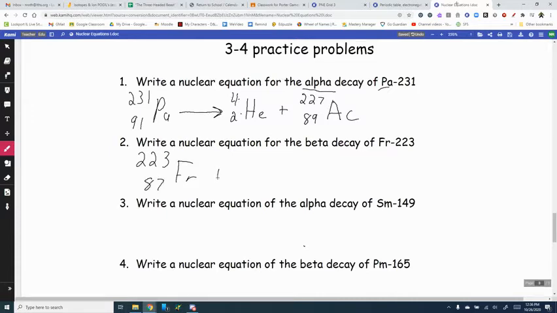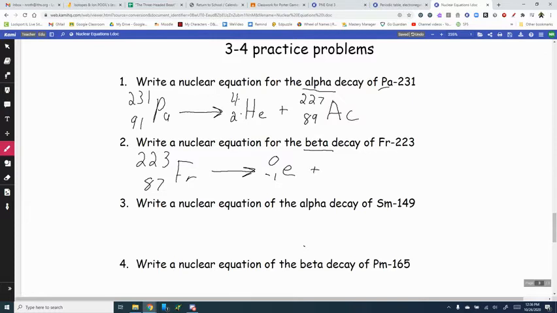We do our arrow because that's going to decay into 2 things. Now, for beta decay, the particle for beta decay is 0, -1, e. And then we are going to do our product.